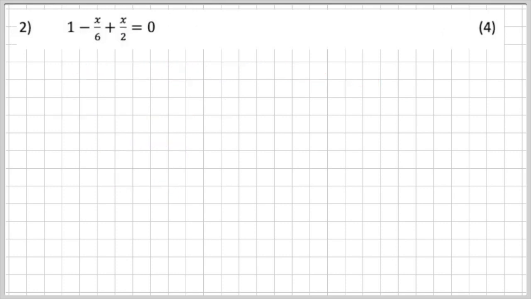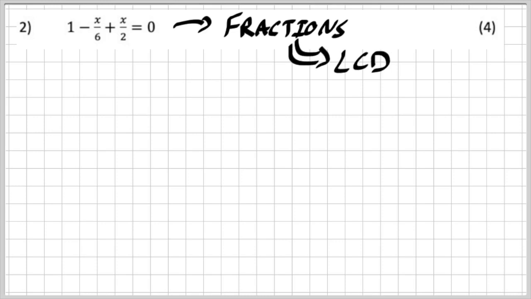Our next sum is a sum with fractions. When I see a fraction in there, I know I've got to use the LCD. Now the LCD of 2 and 6 and 1, because that's 1 over 1, is equal to 6. So I'm going to get my LCD 6 straight through, left and right.